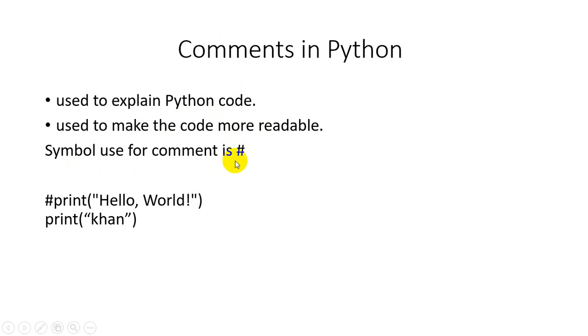The symbol used for a comment is the hash, the hashtag. For example, I wrote here print hello world and print Khan. It will print Khan, but it will not print hello world because it has been marked as a comment.